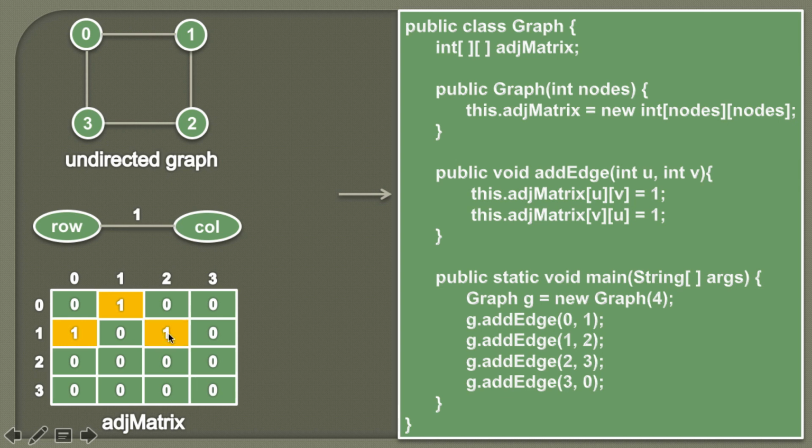Moving ahead. Now similarly, we have to provide an edge from row 2 to column 1, so we provide a value of 1. So this represents an edge between row 2 and column 1. Moving ahead.